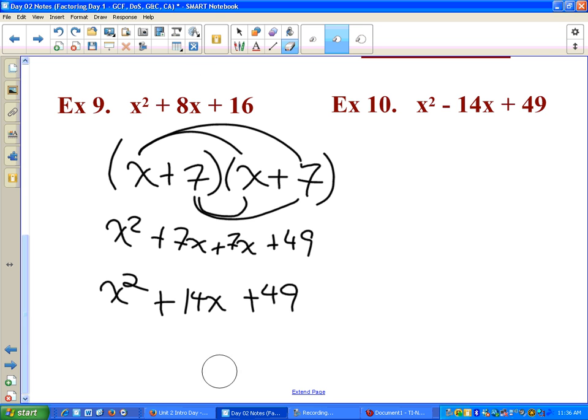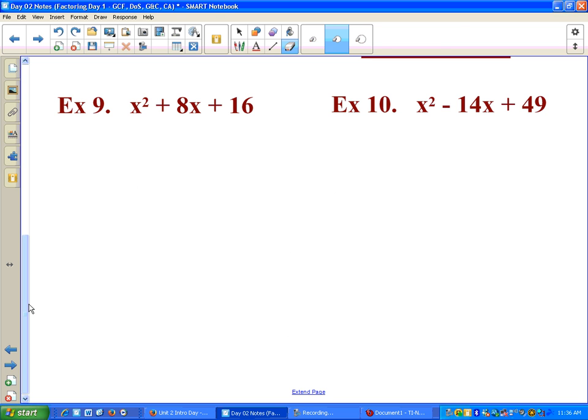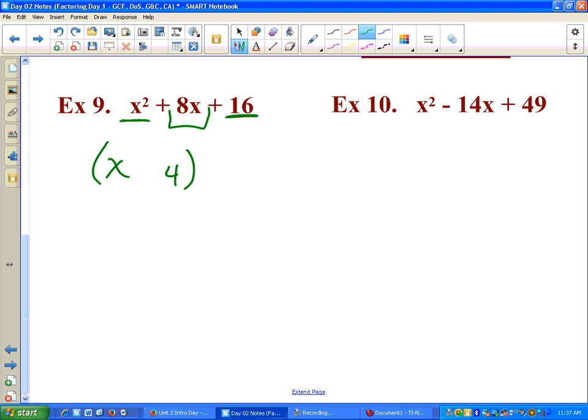So if I look at number 9, is x squared a perfect square? Yes. Is 16 a perfect square? What? 4. If I multiply and double, do I get the middle term? Yes. So that's my answer.